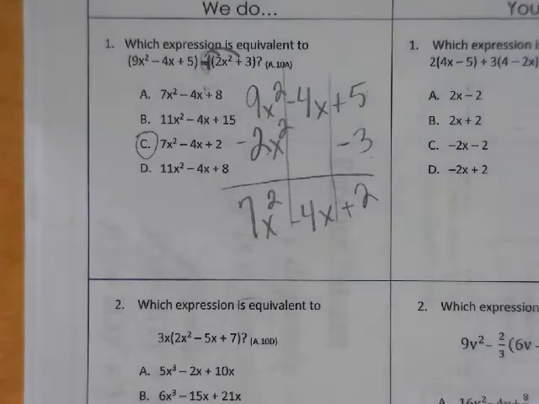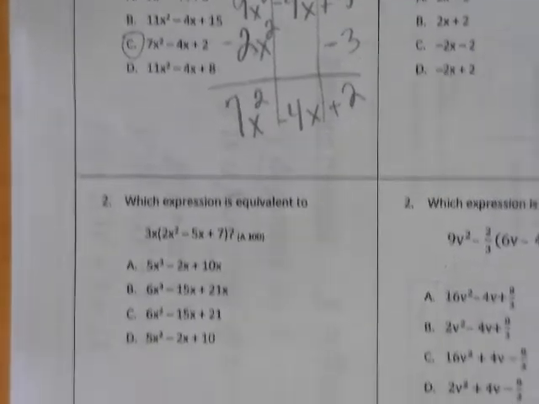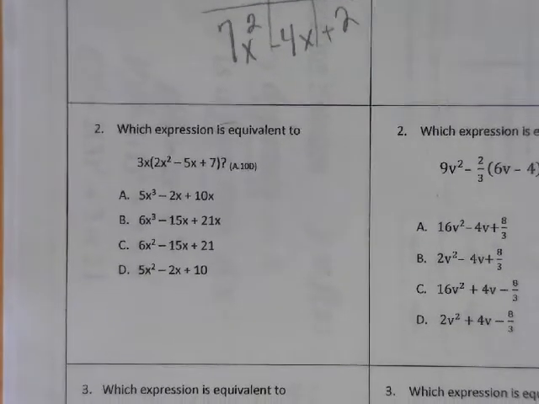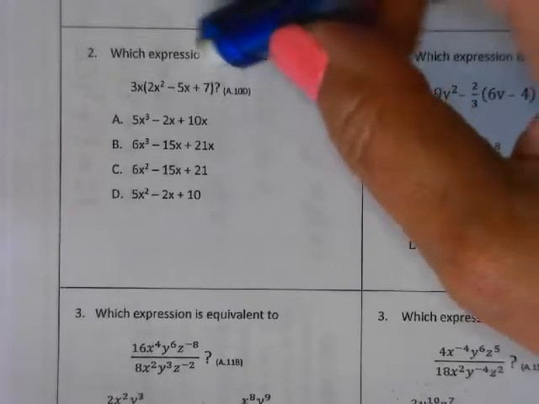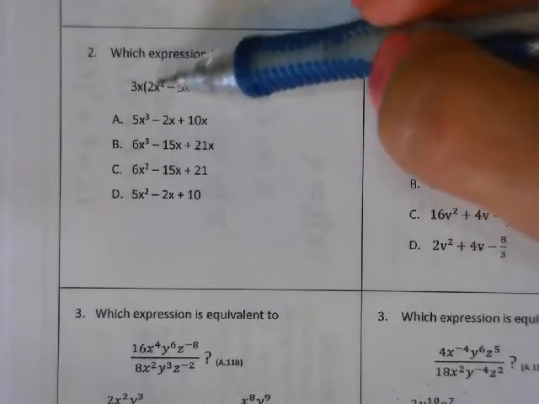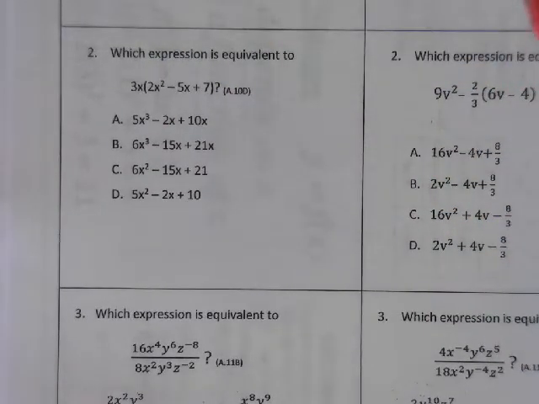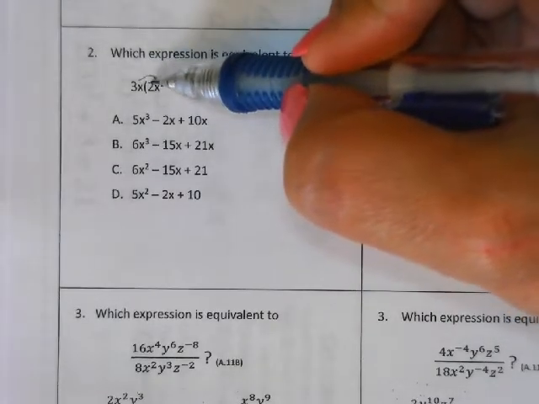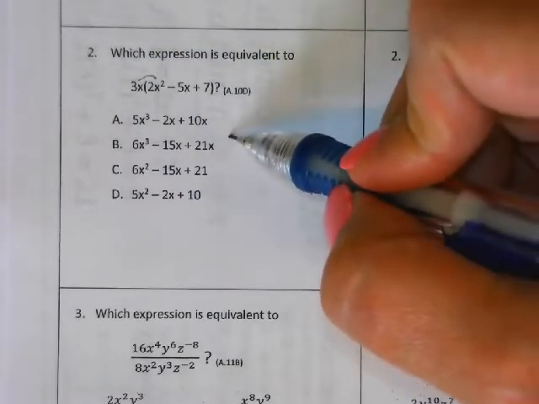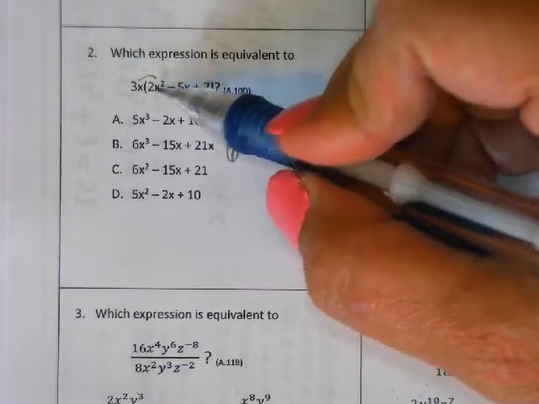All right, so what are you going to do down here on number 2? Again, it says equivalent, so what do we need to do? What does it mean when you have something right outside of a parentheses? Distribute or multiply. So when we do that, we have to do 3 times 2, which is what? 6. What is x times x squared?